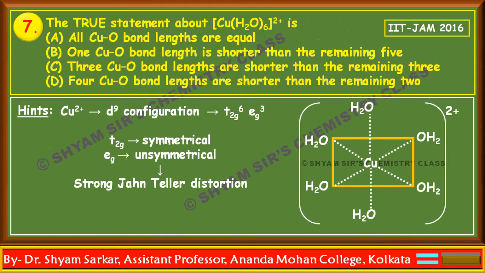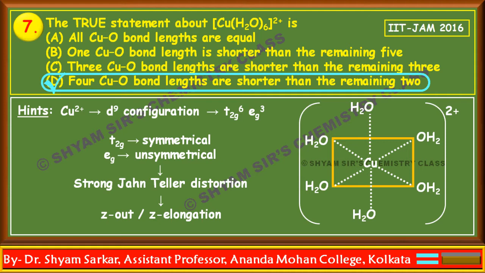So strong Jahn-Teller distortion is observed, and it will be z-out type elongation. If you see my second lecture regarding crystal field theory, you will get details of z-out and z-in. So here we can say that z-out means elongation along the z axis. So axial bonds will be longer compared to equatorial bonds. So it matches with option D, that means 4 Cu-O bond lengths are shorter compared to the remaining 2. So D is the correct answer here.